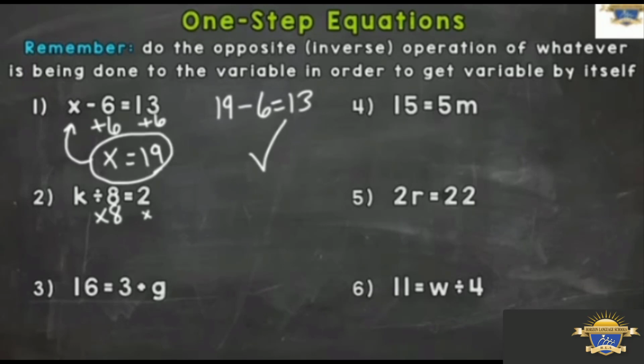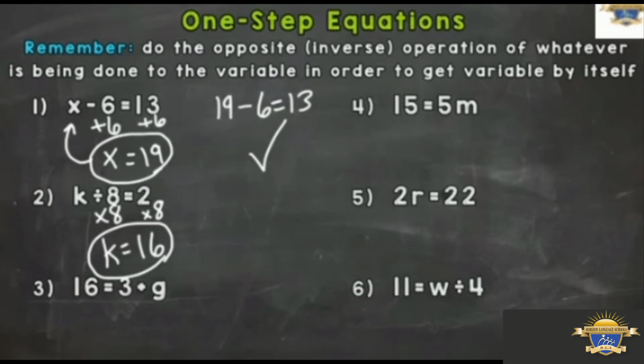And whatever we do to that side, we have to do to the other in order to keep everything balanced. So 2 times 8 equals 16. So k equals 16. Let's see, is that true? 16 divided by 8 equals 2.